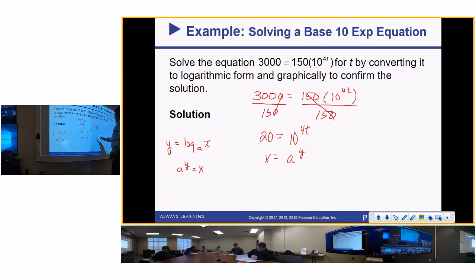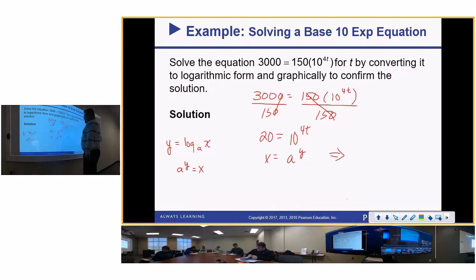So I'm going to rewrite that as log base 10 of 20 is equal to 4t.